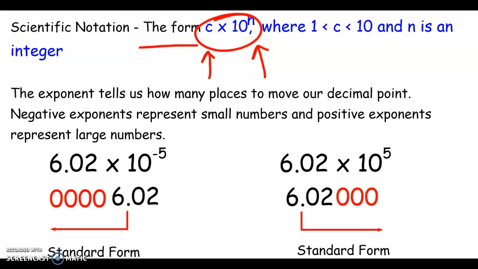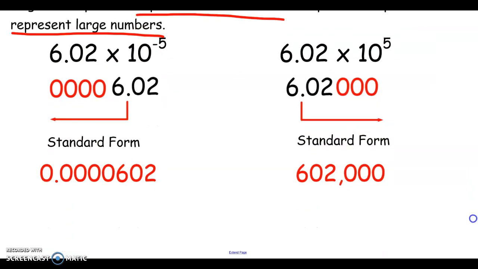So the negative exponents are going to represent small numbers, and our positive exponents are going to represent very large numbers. So when I'm talking about negative exponents, what I like to say is when I look at something in standard form, do I want this money in my bank account?